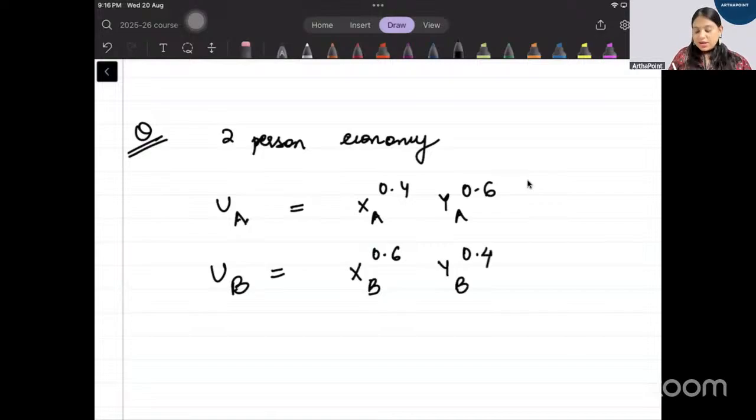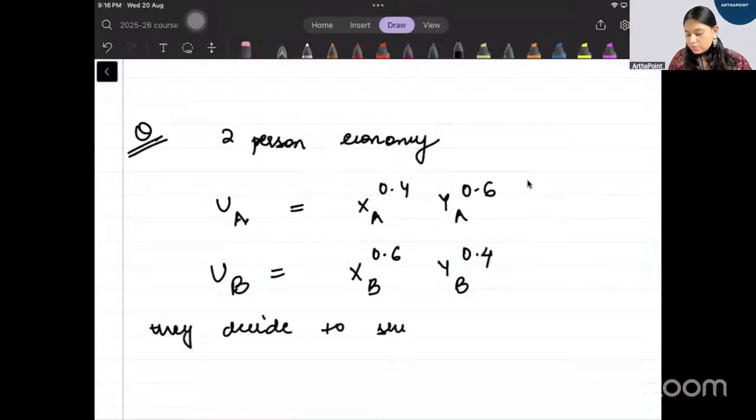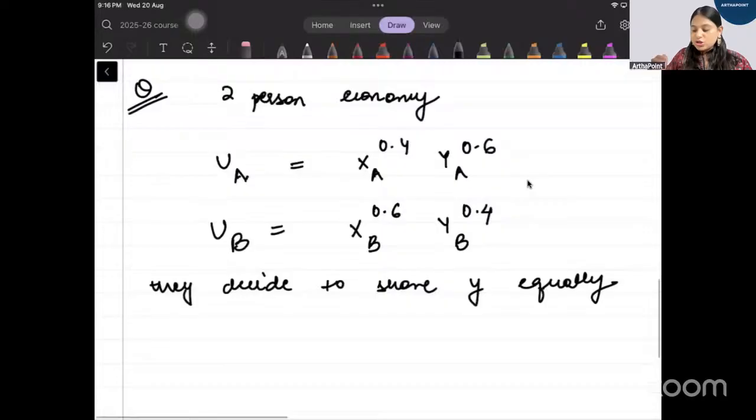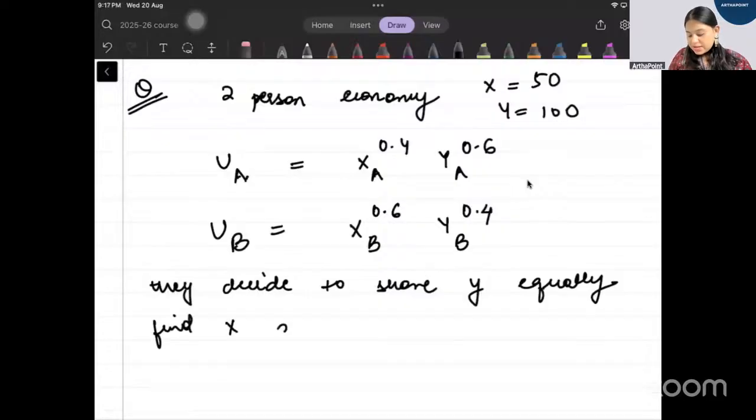It is given they decide to share good y equally. You're given x total quantity is 50 and y total quantity is 100. Find the amount of x received by Anil.